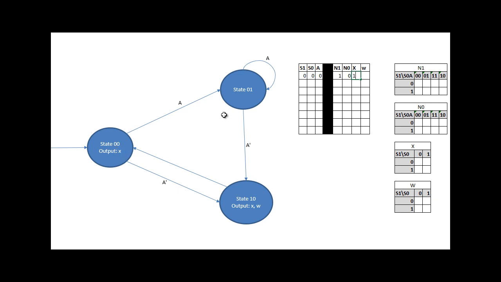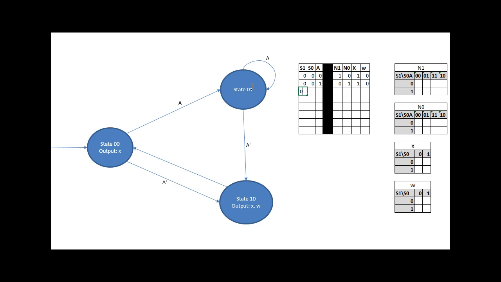The output was X. So I'm going to turn on X and turn off W. Now, if I'm at state 0,0 and I assert A, I'm going to go to state 0,1. When I was at state 0,0, my X was turned on and W was turned off.